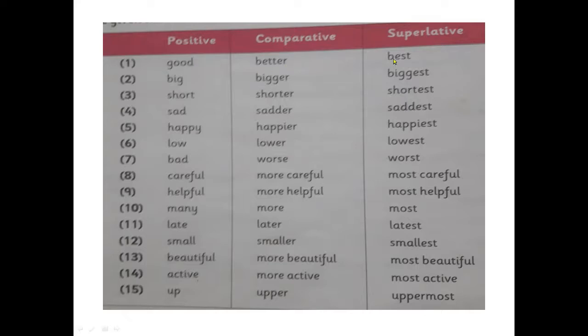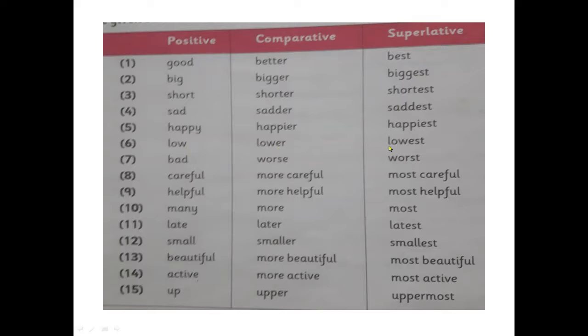Good, better, best. These are the three forms of one word, that is good. Good, better, best. Big, bigger, biggest. Short, shorter, shortest. Sad, sadder, saddest. Happy, happier, happiest.